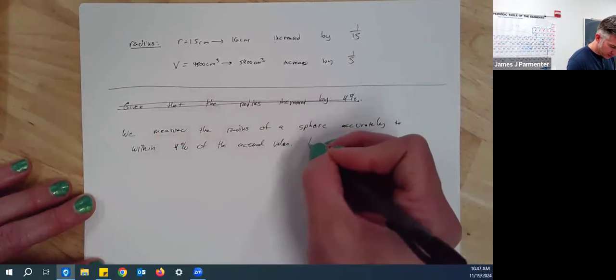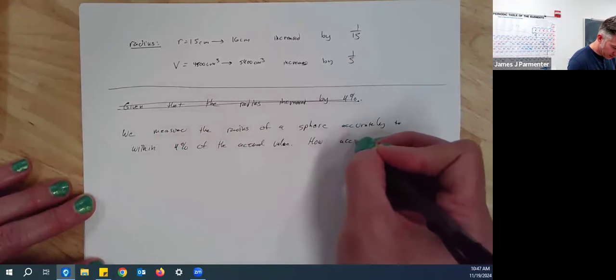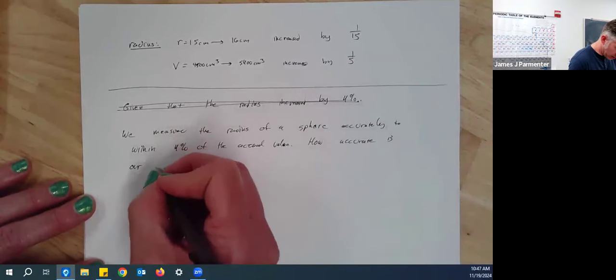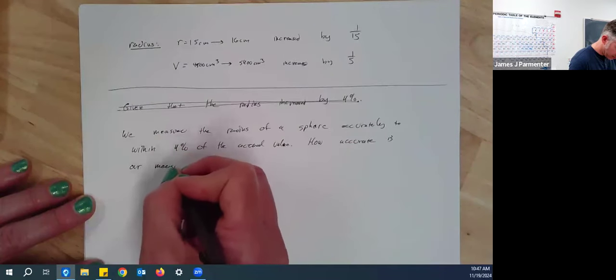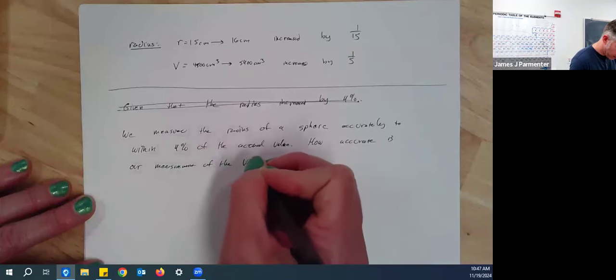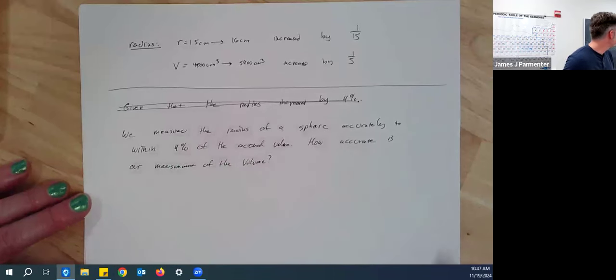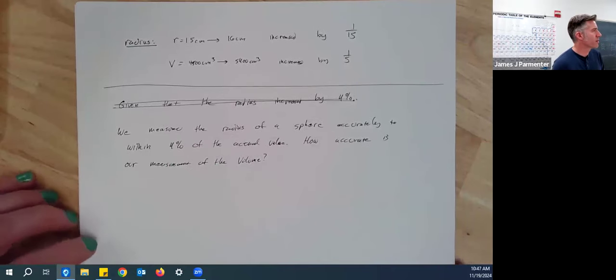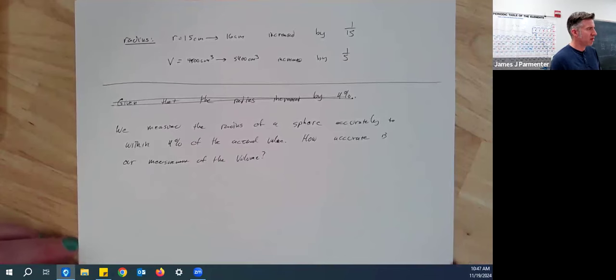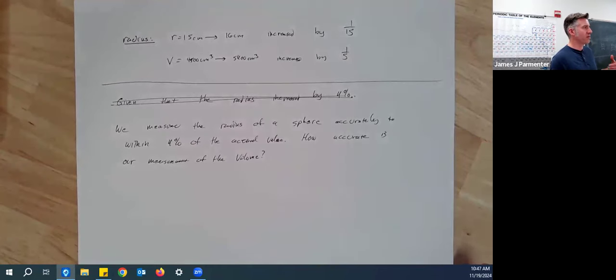Now the question is, how accurate is our estimate or our measurement of the volume? Okay, so here's what we know. We know that the radius is accurate within 4% of the actual radius.